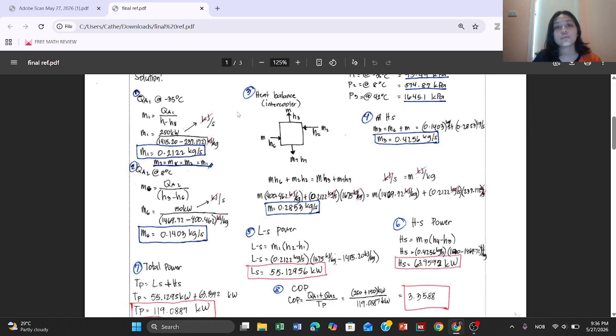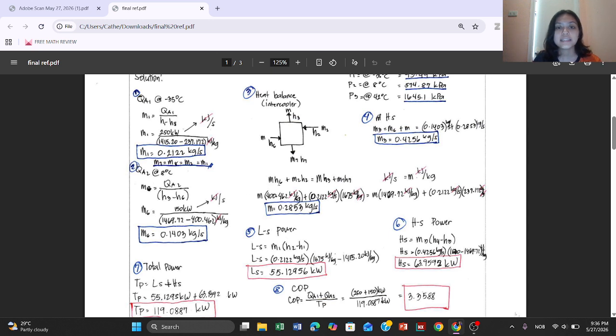Next, we need to make the heat balance at the intercooler, where the concept is energy entering is equal to energy leaving. We have the mass times H6 entering, and M7 H7 leaving. So here is the concept.